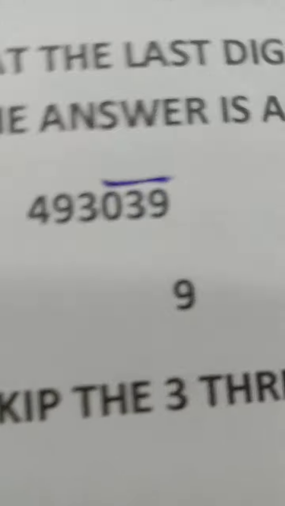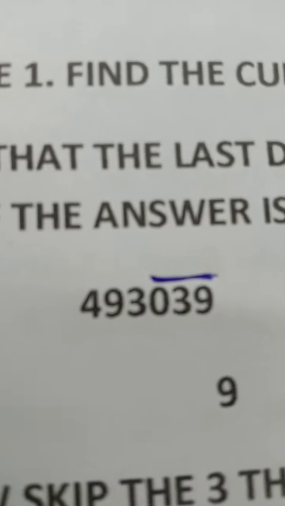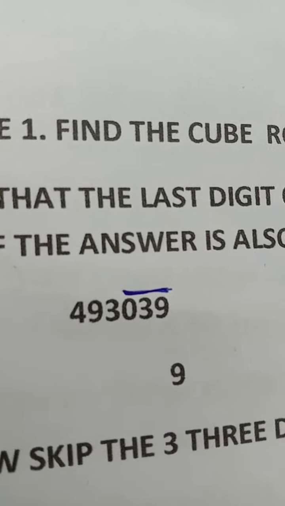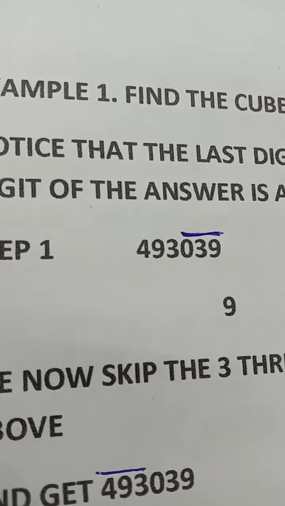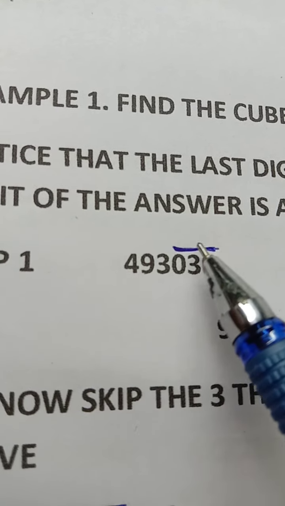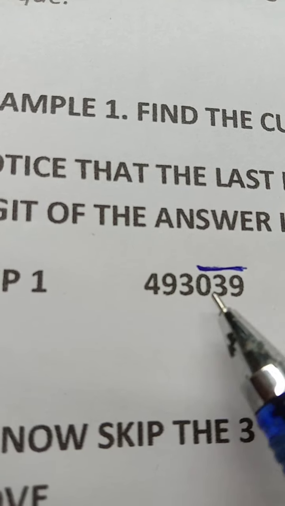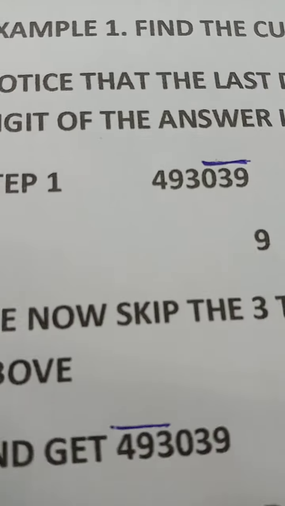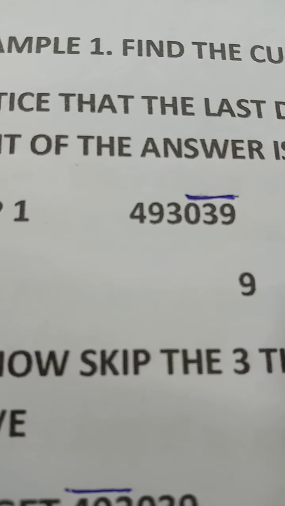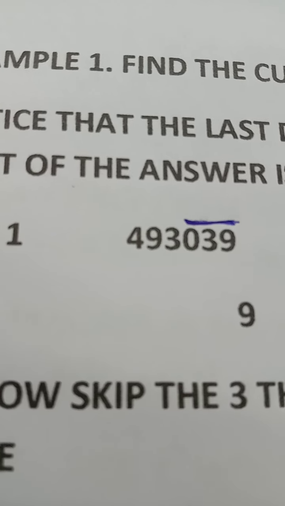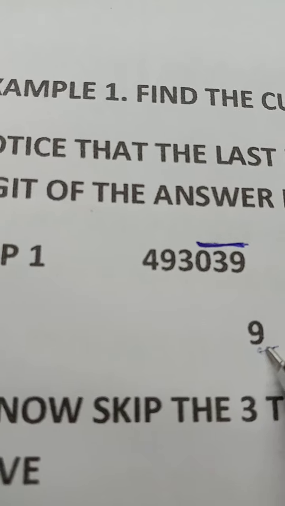Now we go this way. 493039, we mark the last three digits, 039, and since it ends with 9, the last digit of our answer should also be 9.